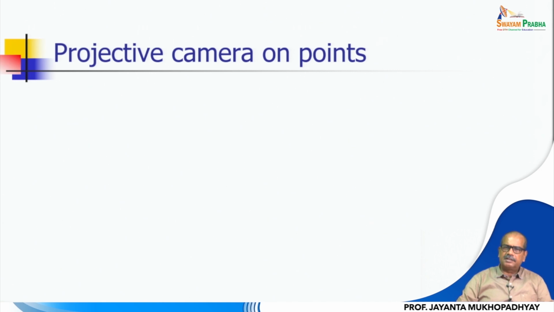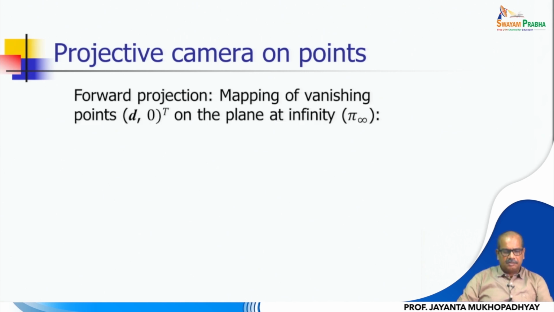So let us first try to understand how the points are represented, and what kind of three-dimensional information related to an image point is available in a single view camera imaging system. So we would consider the projection of a point, as we say, a forward projection.